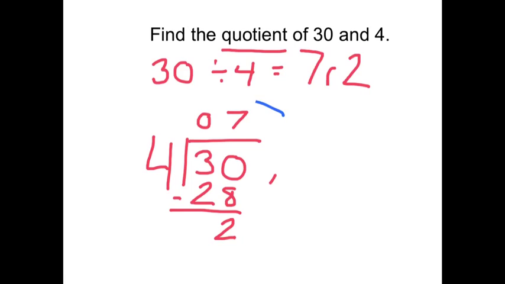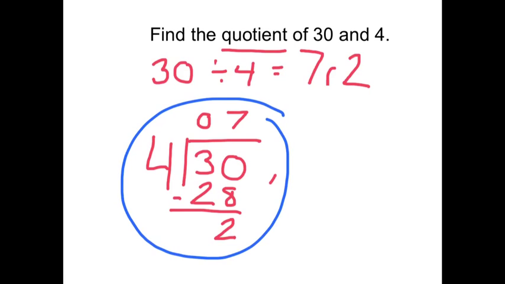Now if you look at this long division problem, there were 4 steps that we use. First we divided. We said, how many times does 4 go into 30? Well, it went into it 7 times. Then I had to multiply the 4 times the 7 to get the 28.